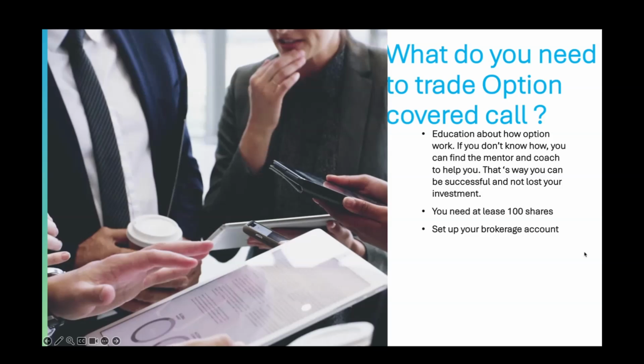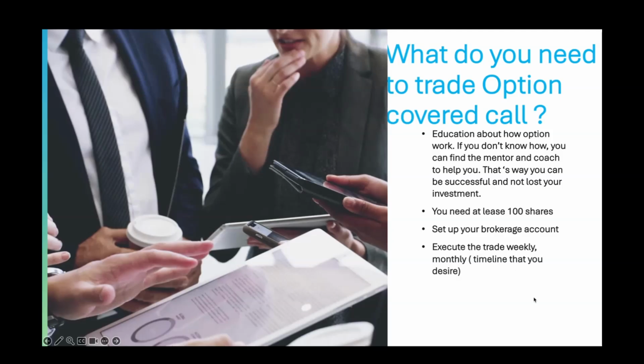Set up your broker account. You have to have a broker account to be able to trade and execute your trade weekly, monthly, or on whatever timeline you design. With options, you can decide you want to do it once a week, once a month, every day, or once a year. But for me, I prefer to do weekly.